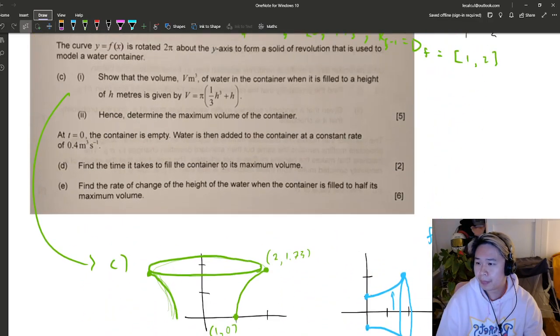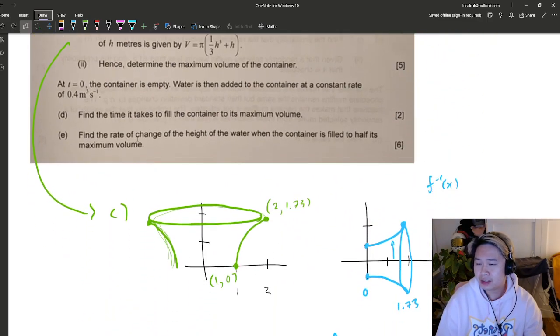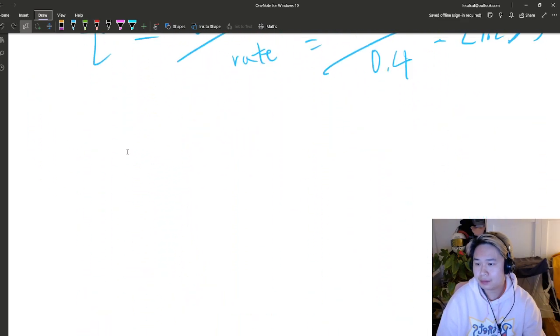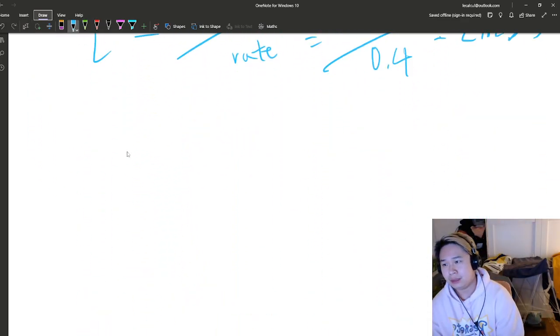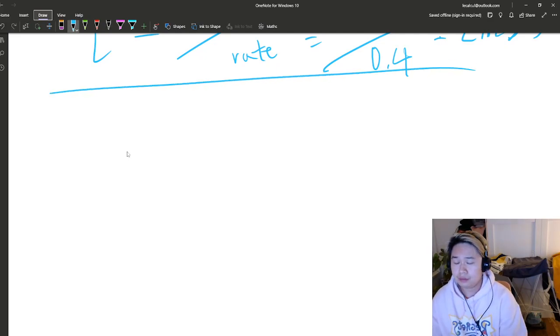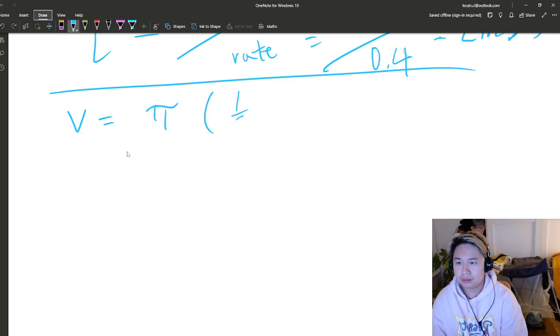Okay. And then find the rate of change of the height of the water when the container is filled to half of its maximum volume. Okay, so now we have a related rates problem. So let me just rewrite the formula for your volume.